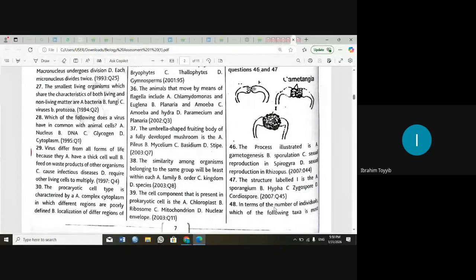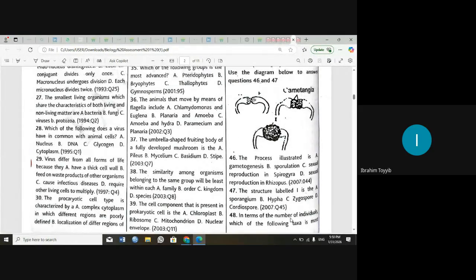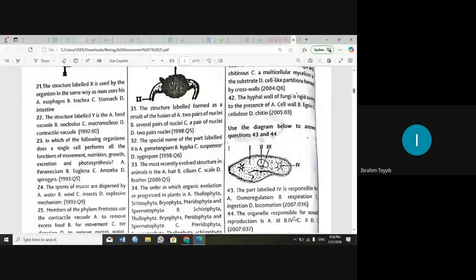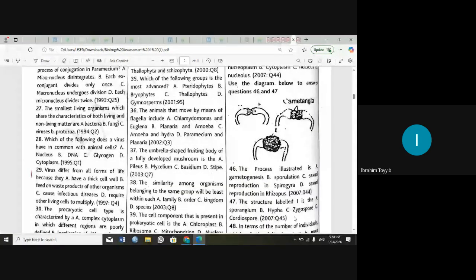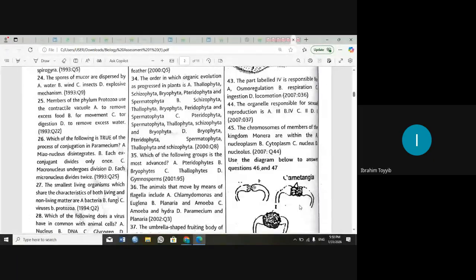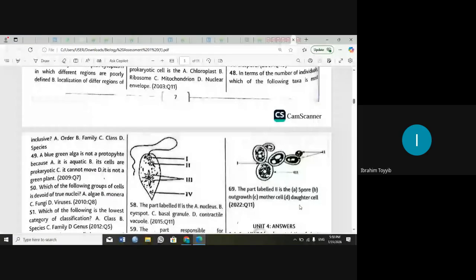So in terms of number of individuals, which of the following taxa? The plural of taxon is taxa. Taxa are like those hierarchy of classification: kingdom, phylum, class. They are called taxa. They now say that in terms of the number of individuals, which of the following taxa is most inclusive?